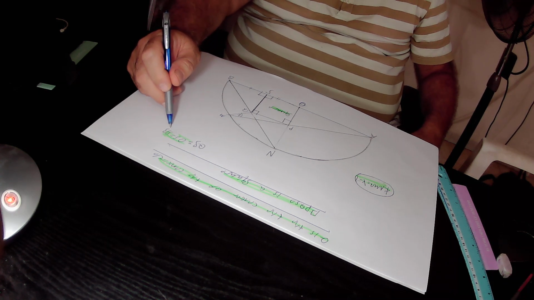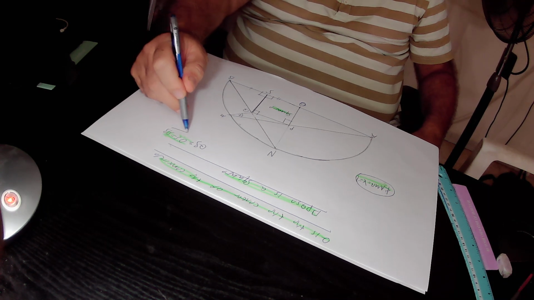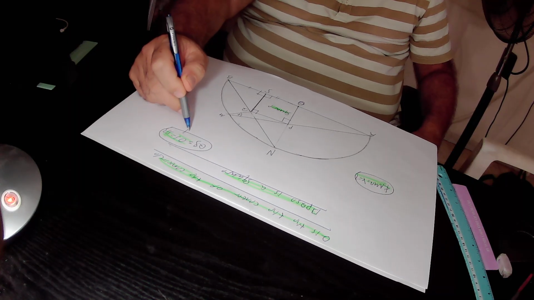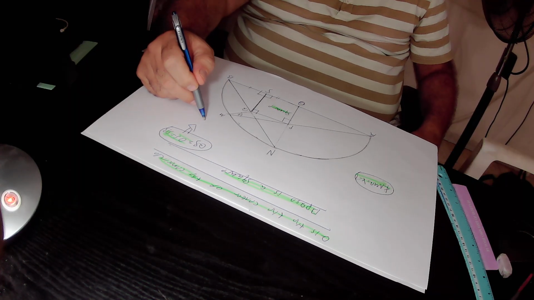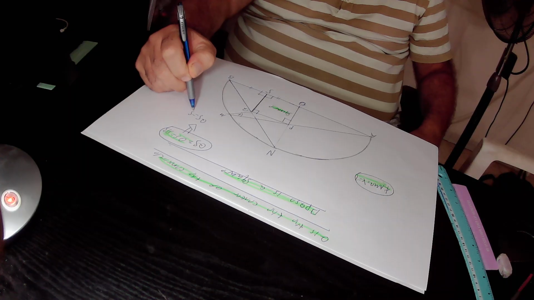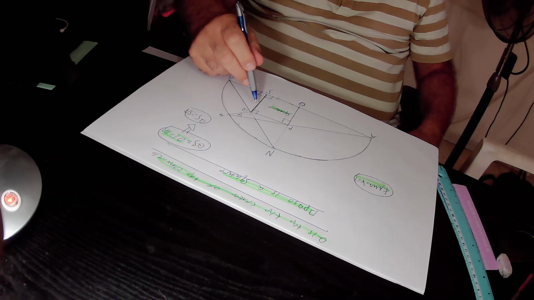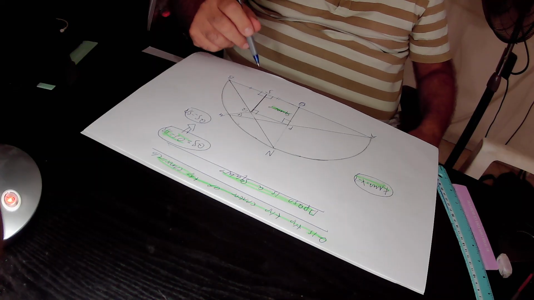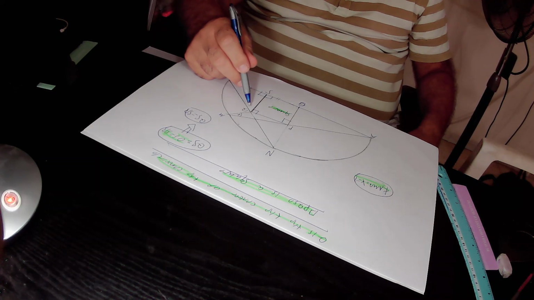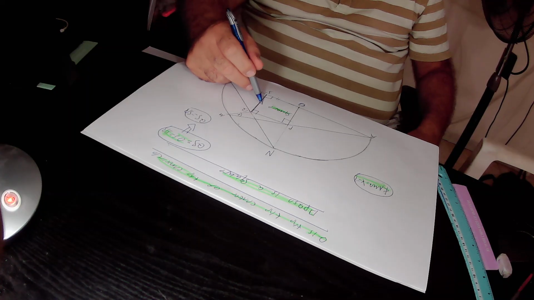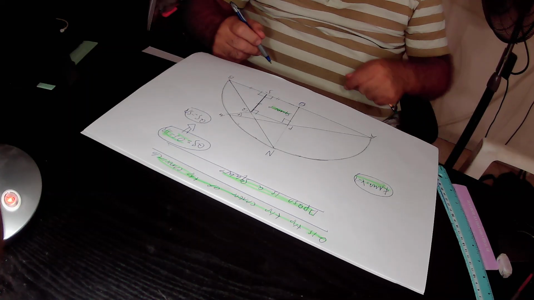From this, QS equals OS equals SB, we derive that QS equals SB.